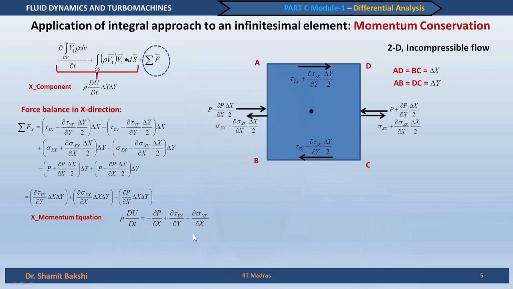This x momentum equation is almost the final form. We can write the total derivative in terms of the local acceleration and the convective acceleration. In this way we can also get the y momentum equation.